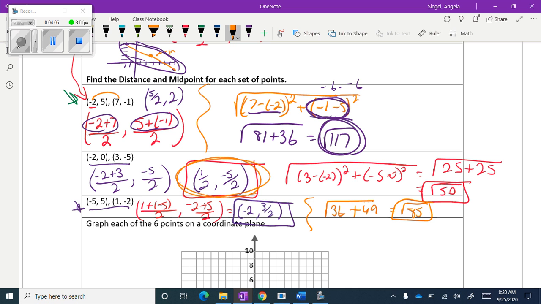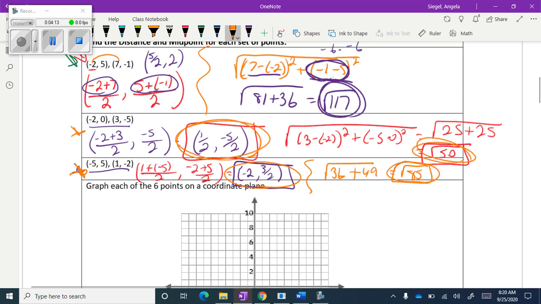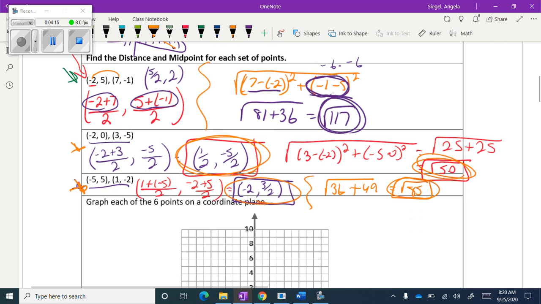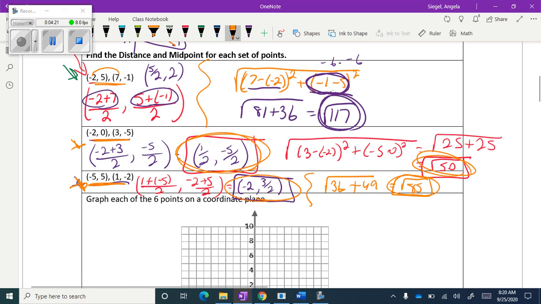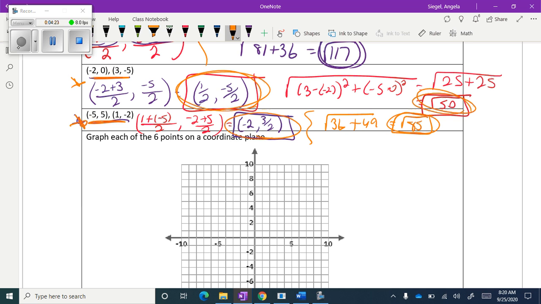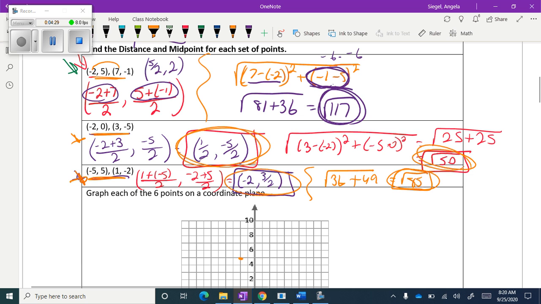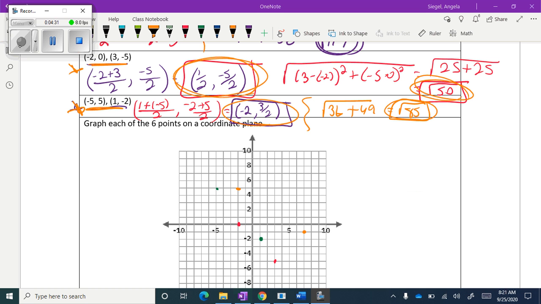Okay, again, this is midpoint. This is the distance formula for this one. And then for this one, midpoint and distance formula. What we're now going to do is take each of these points and plot them on the coordinate plane. So -2, 5, and go ahead and do the other ones.